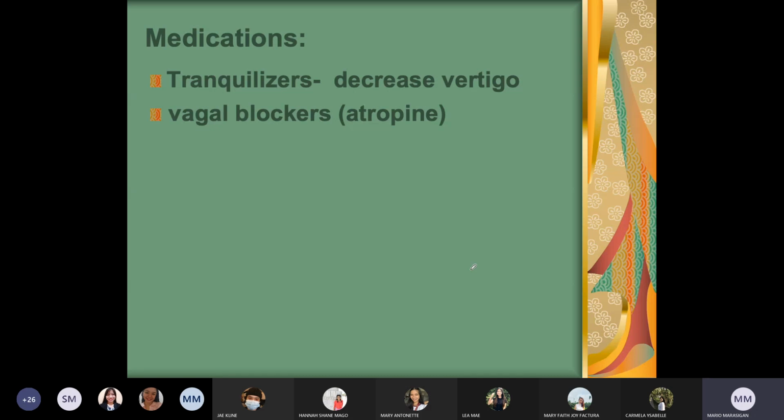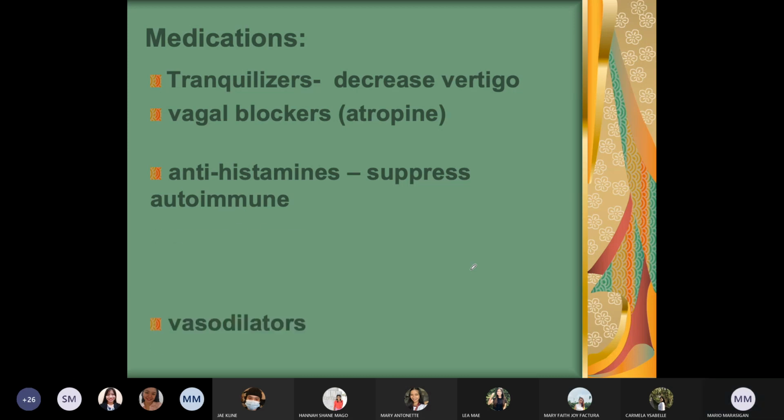Vagal blocker or your atropine sulfate can also reduce the secretions. Give antihistamine specifically to suppress the autoimmune effect. Okay.